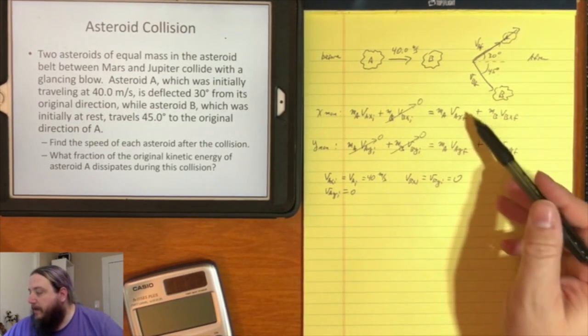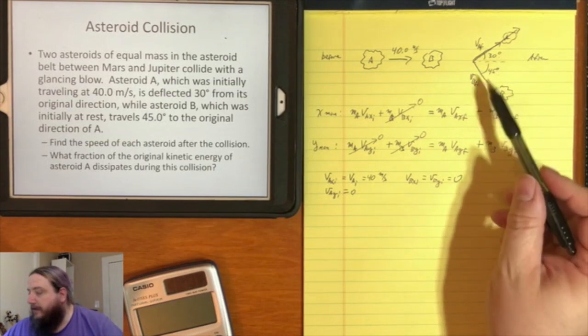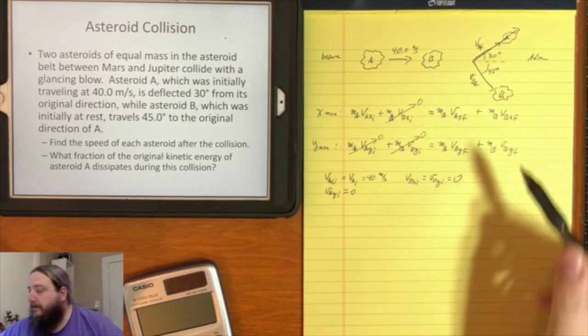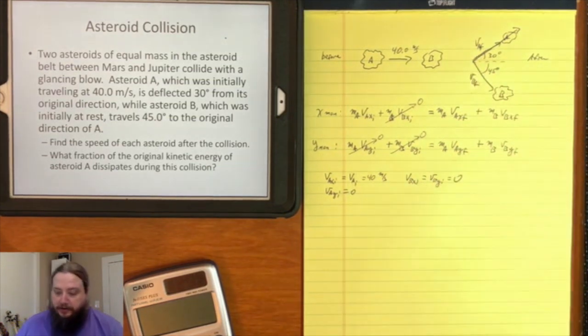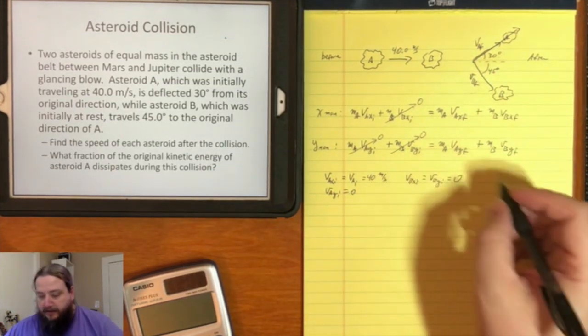These x and y components of the final velocities we can turn into just the final velocities times some sine and cosine terms in the usual manner.